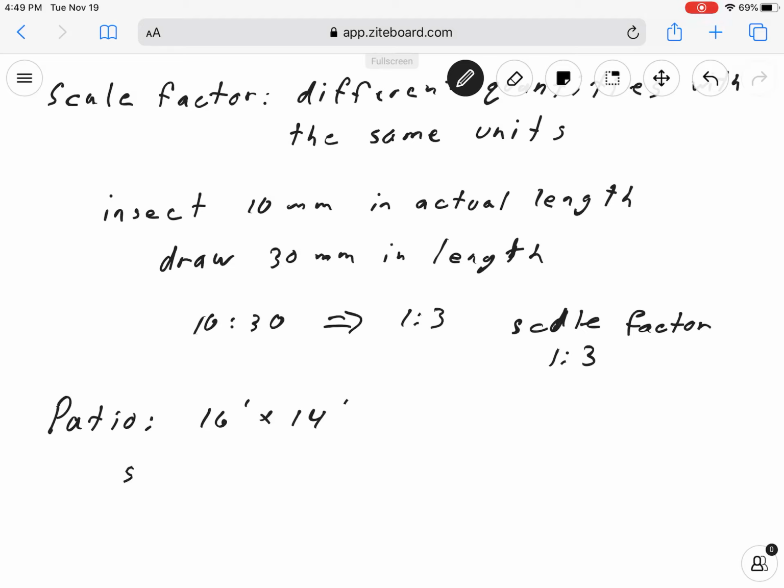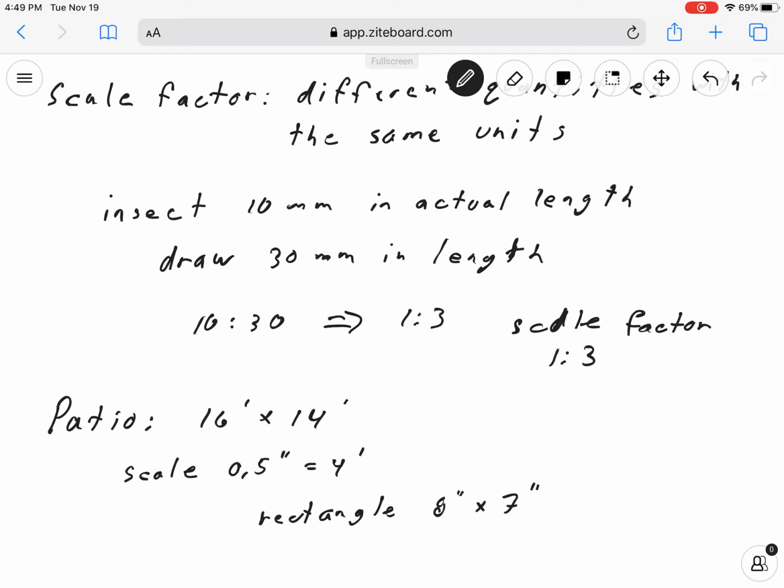So I'm going to use a scale of 1/2 inch equals 4 feet.